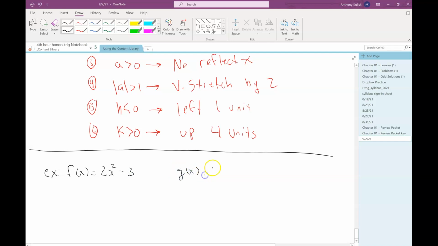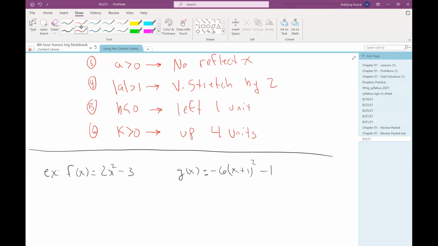And my resultant function is negative 6x plus 1 squared minus 1. And we're asked to describe the transformation in order that happened here. This is quite a bit more challenging, right? Because we can't just look at g of x and pull out the values for a, h, and k immediately, right? We're going to have to do a little bit more work here.